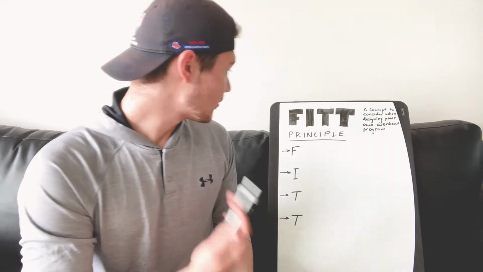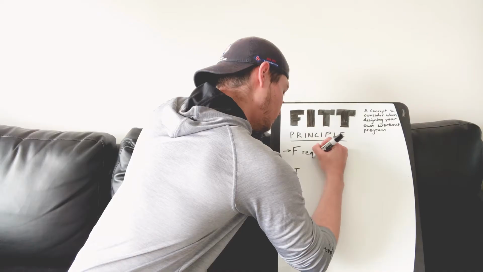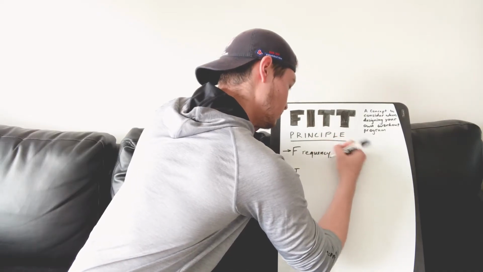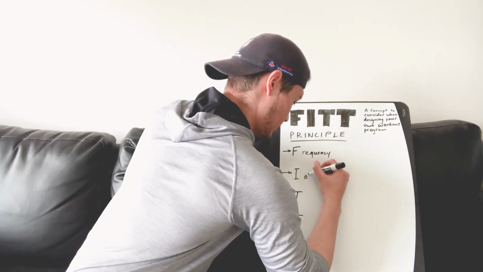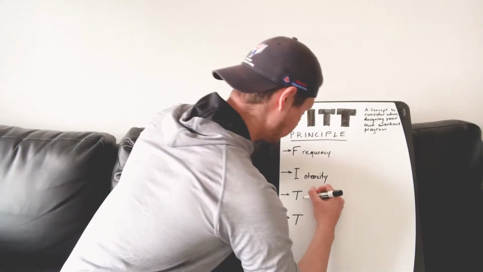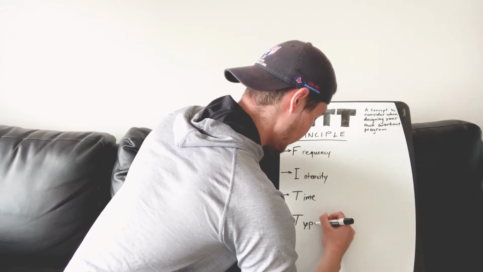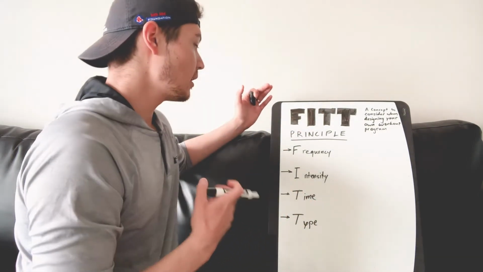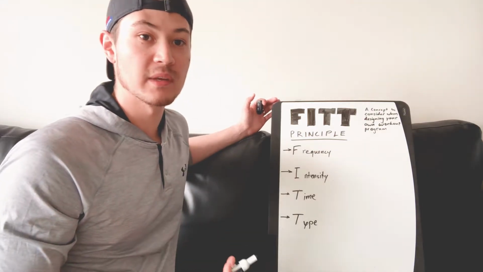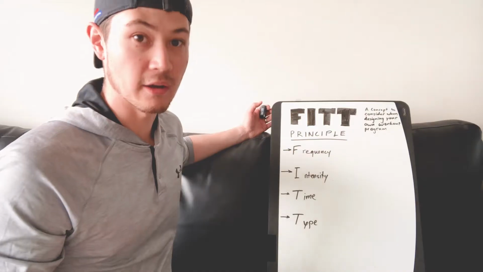words. So the FITT principle is an acronym for frequency, intensity, time, and type. And we'll go over each of these in detail. So frequency refers to the amount of times you're going to be exercising or the amount of sessions you're going to be doing in a given amount of time.